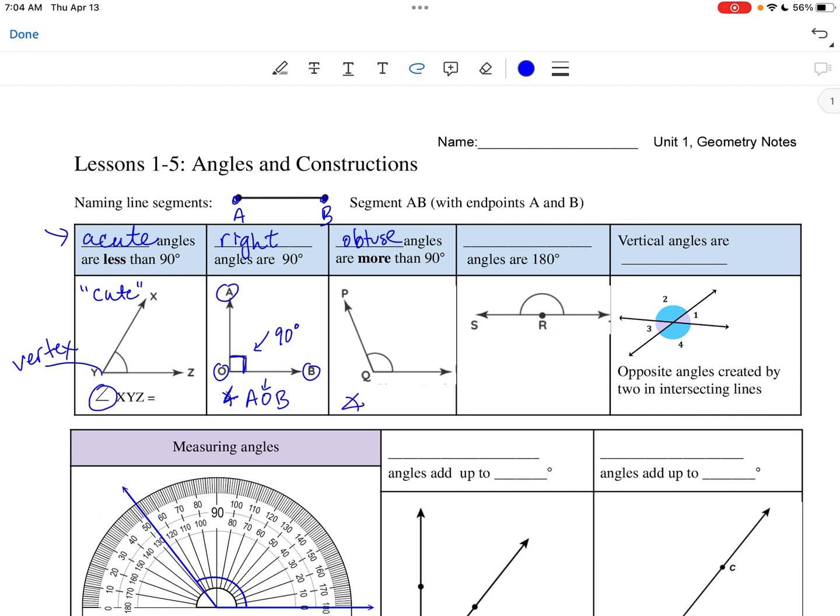You could also name an angle just by its vertex as long as that vertex is not shared by other angles. Because there's only one angle here, it's okay to call it angle Q. If we had another line that made 2 angles, we couldn't call it angle Q because we wouldn't know which angle we're talking about.